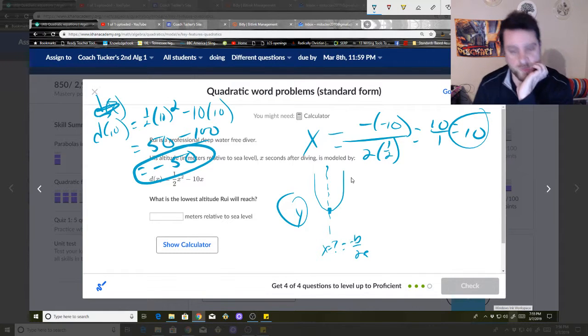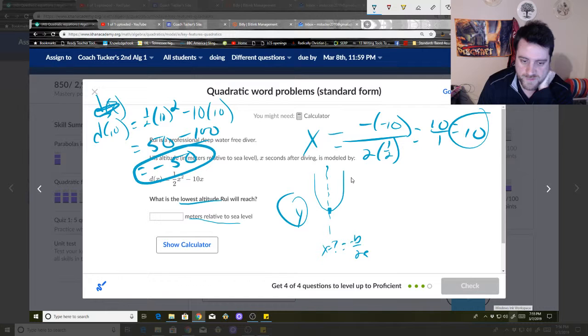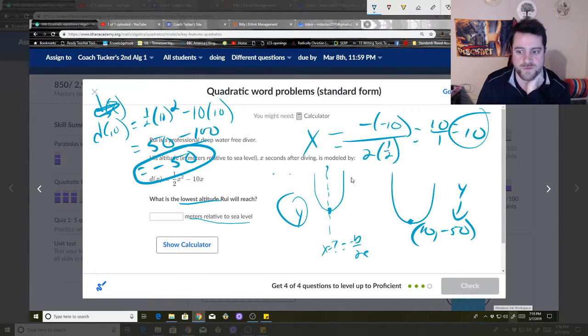That is really close to our answer, but it's not going to be entirely correct. Why is it not correct? Lowest altitude, meters relative to sea level. Yes, the y value is negative 50, okay? If you were to find this point, it is 10, negative 50. So the y value is negative 50.